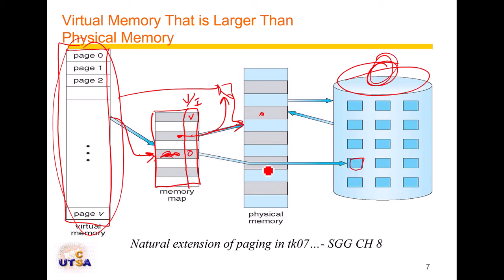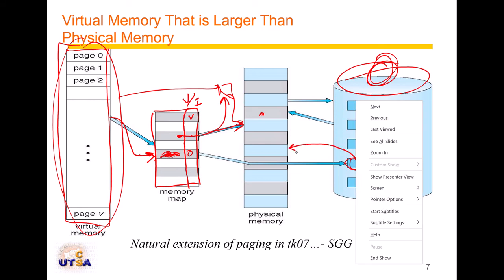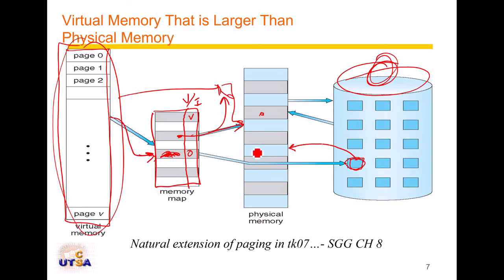So if you are trying to access anything in that page, we have to first go to the disk, and the operating system gets that page and puts it somewhere in the physical memory. Let's say it assigns a frame to this page, and then accordingly it updates this frame number so that it refers to that frame, and then it changes the valid-invalid bit to say that this page is valid. Now we can do the traditional page translation.